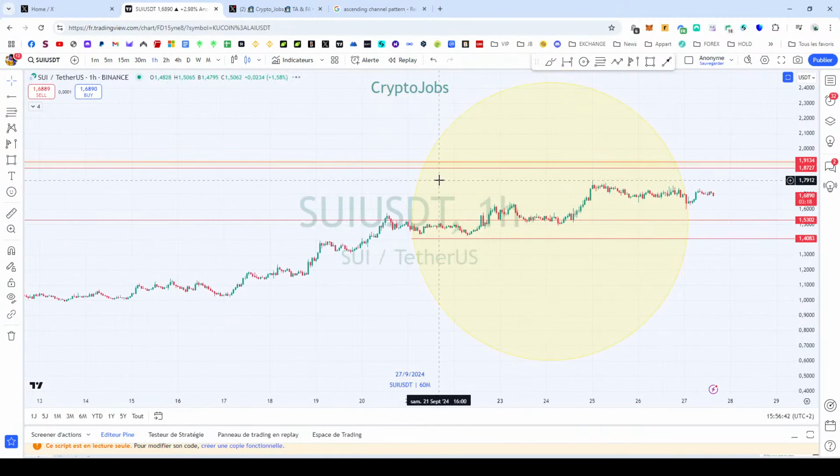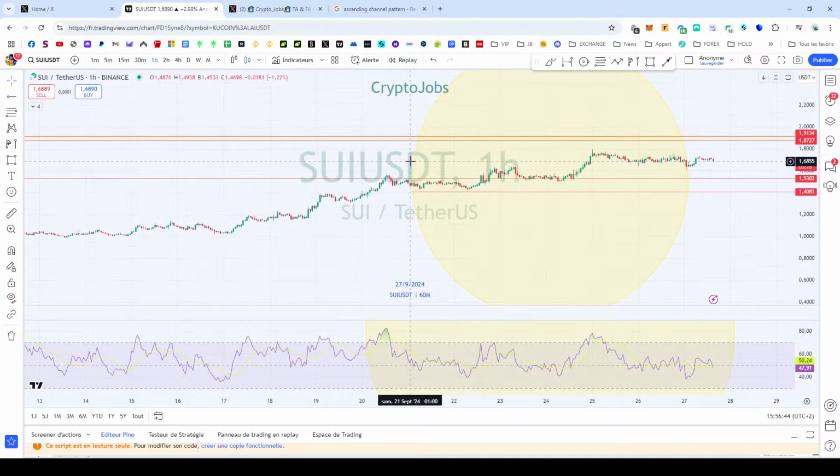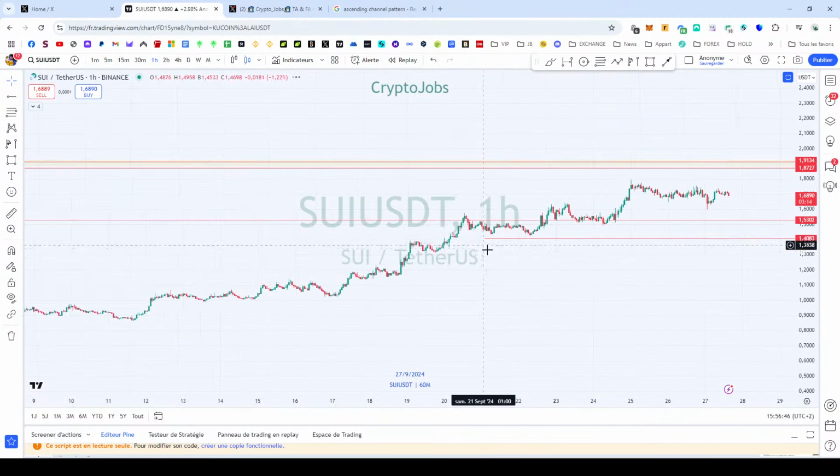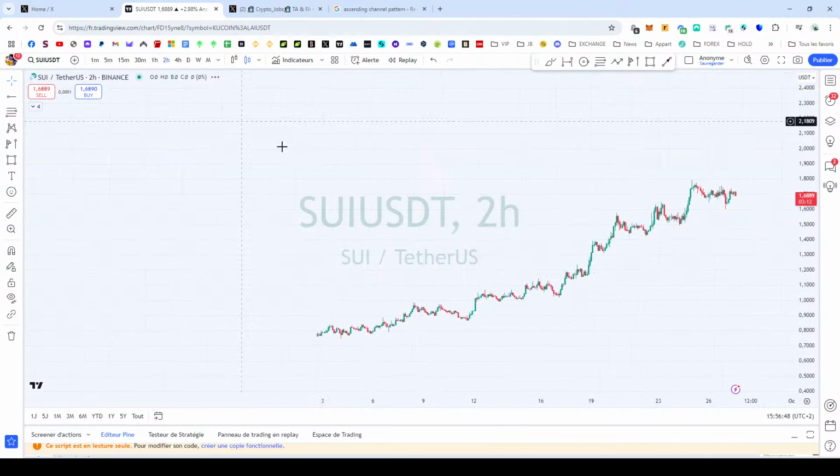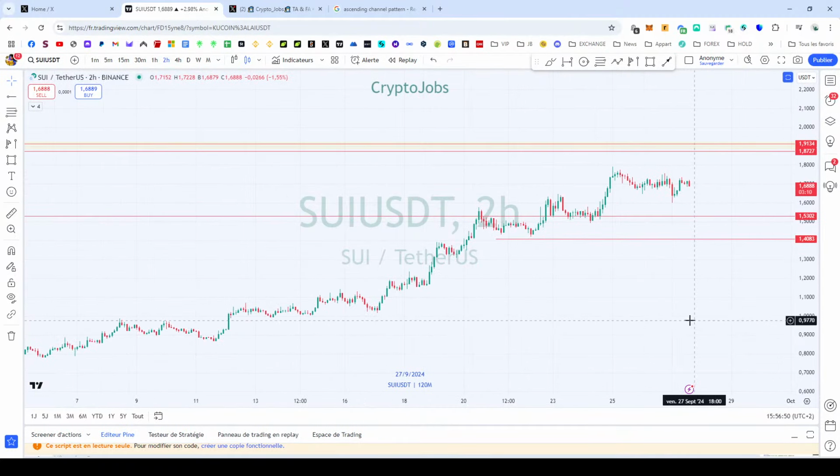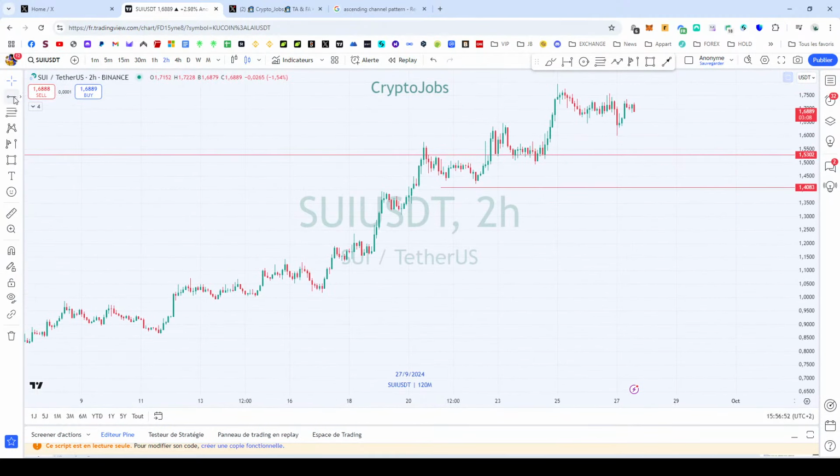But keep in mind that the steeper the uptrend, the stronger the dump, the quicker and faster the dump.